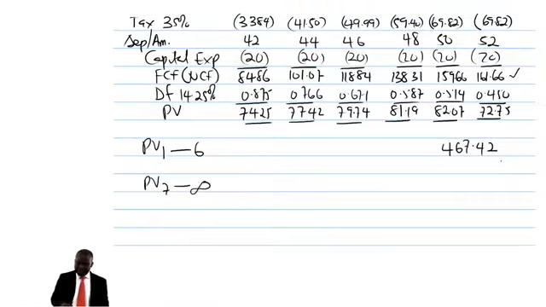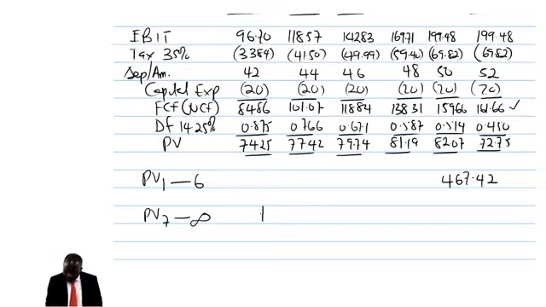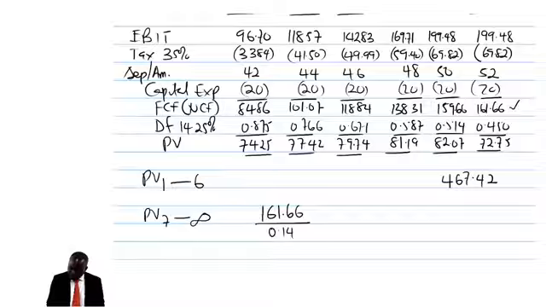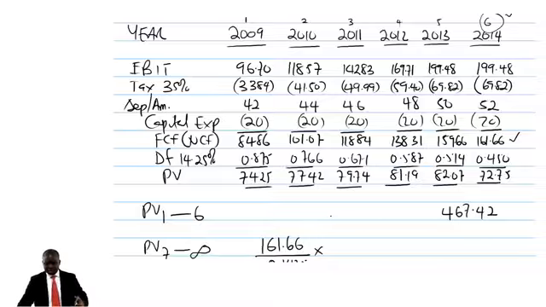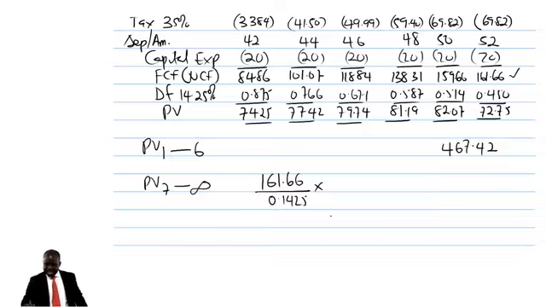So my PV from year 7 to infinity will be 161.66 divided by the cost of capital, which is 0.1425. Don't forget to multiply by the discount factor of the base year. We use 2014 as the base year. The discount factor there is 0.45.